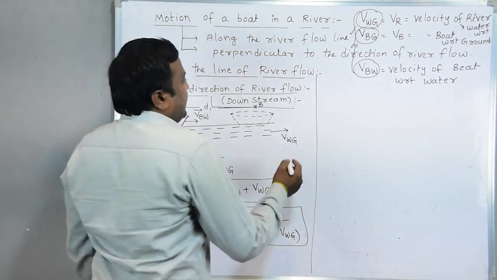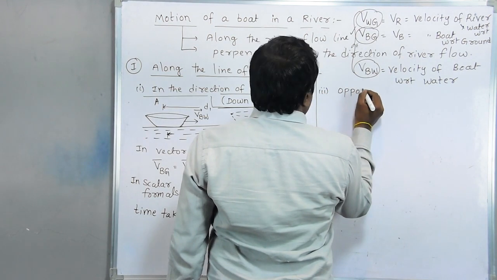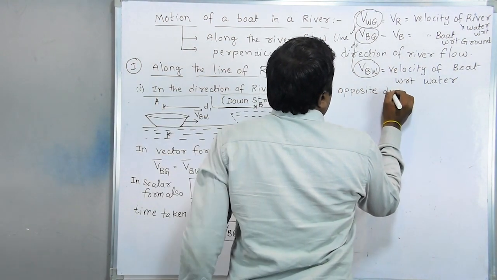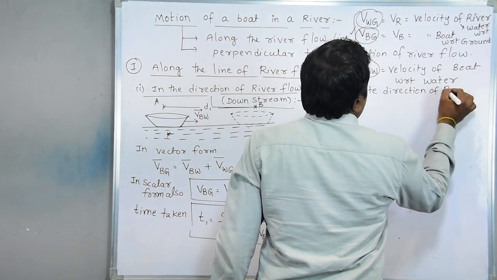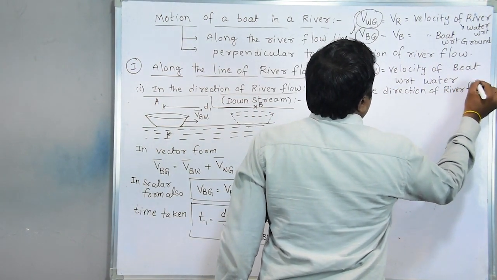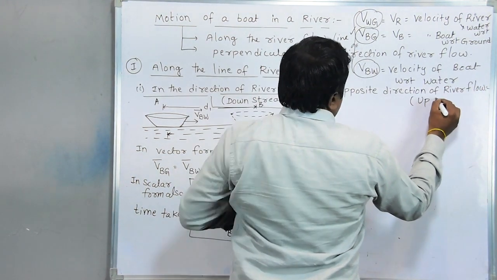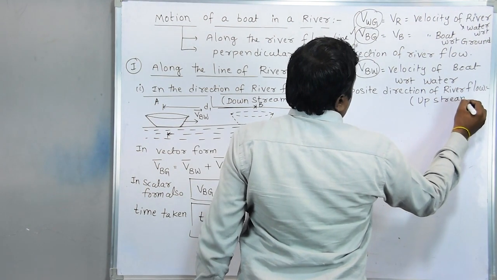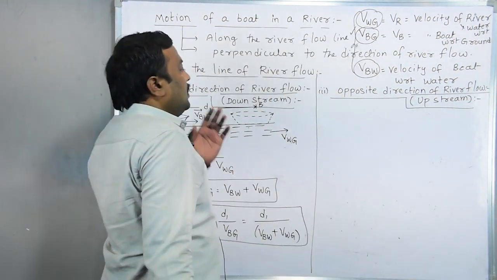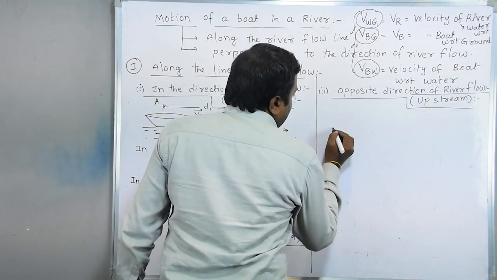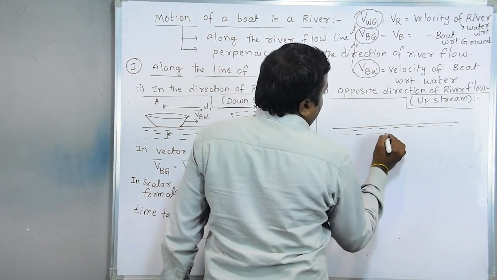That is downstream related. The second case is the opposite direction of river flow, which is called upstream. Upstream is nothing but the opposite direction of river flow. This is the surface of water, which is the river water.